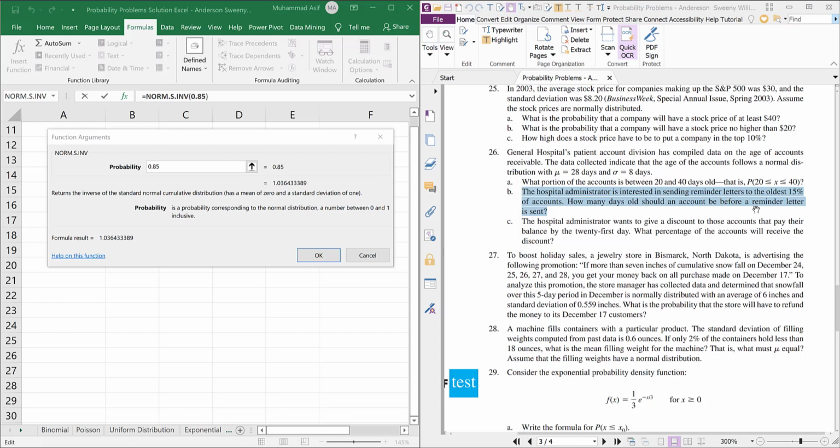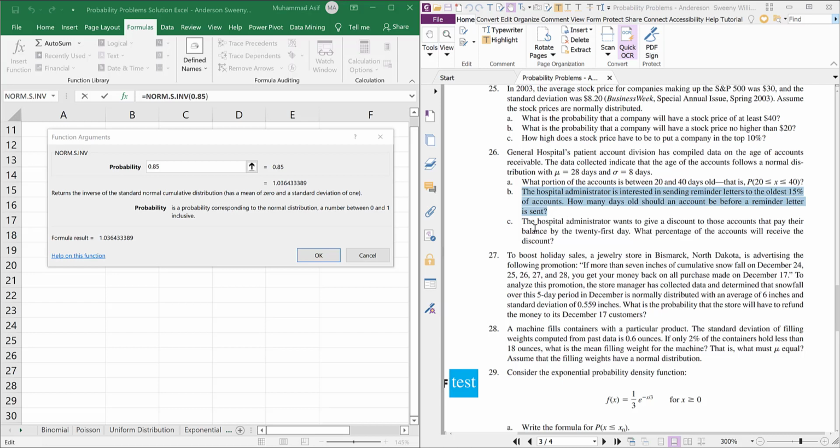So when the hospital administrator wants to determine the oldest 15% of accounts, it means those accounts that are at least 36 days old. He would send reminders to those accounts that are 36 days old or greater.